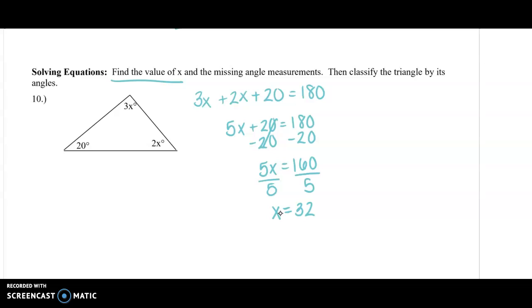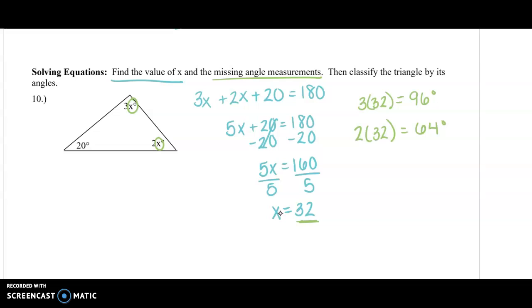So that's step one, find the value of x. Then it says find the missing angle measurements. So I'm going to take x is equal to 32 and put it in for x in both of these. 3 times 32 is equal to 96 degrees. And then I have 2 times 32, which is equal to 64 degrees.